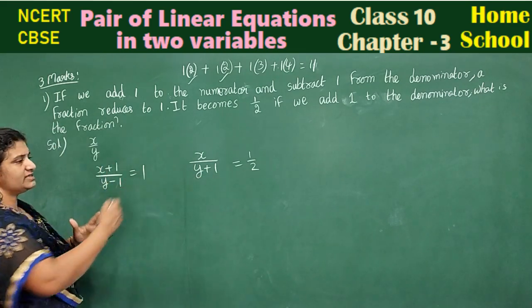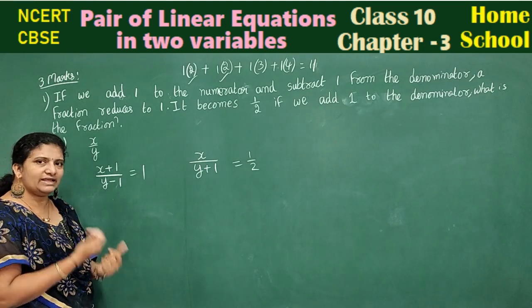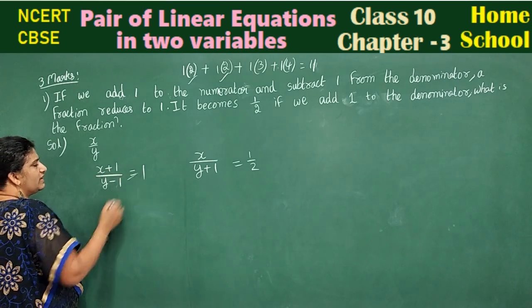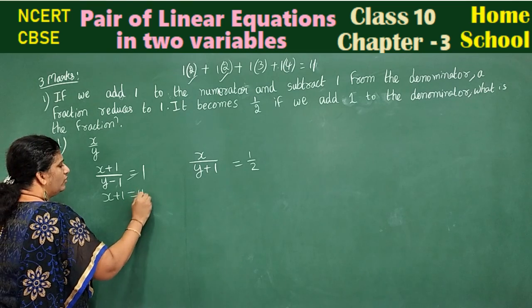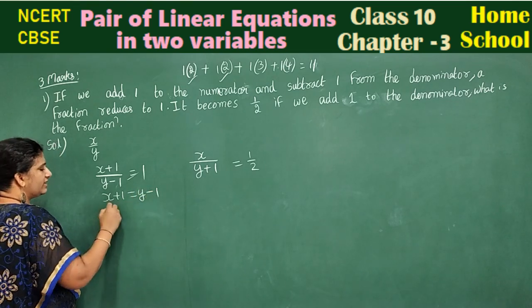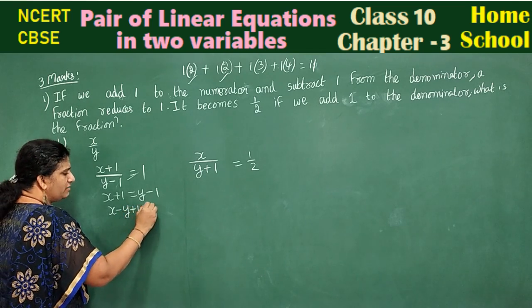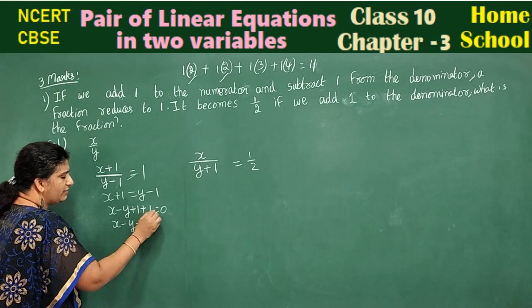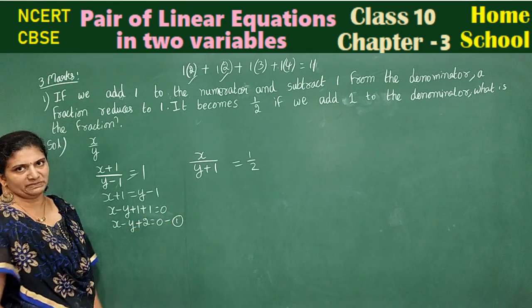So simplify this and get into a pair of linear equations in 2 variables, and then simplification will be very easy. Now look here, cross multiply. x plus 1 is equal to y minus 1. Bring this side, x minus y plus 1 plus 1 will be 2, equal to 0 is your first equation.